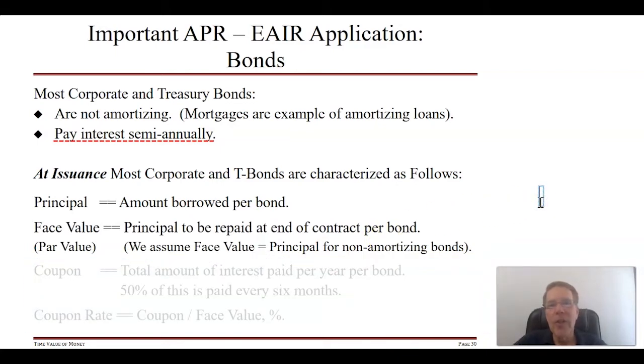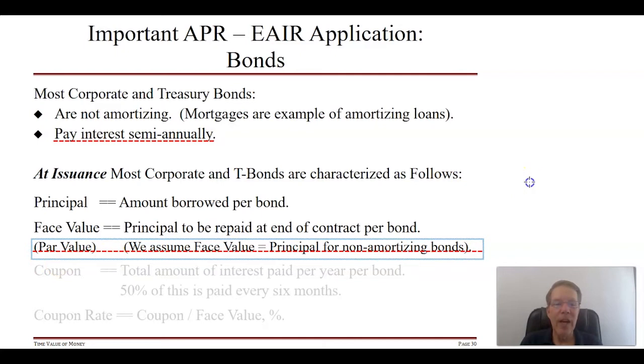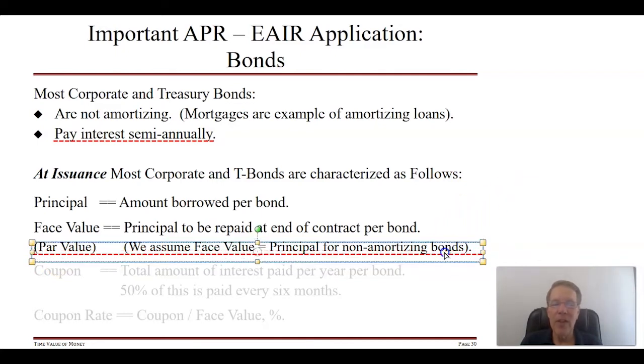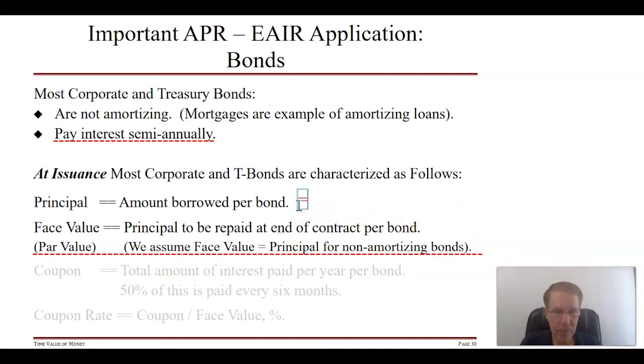Face value is the principal to be repaid at the end of the contract, and it's also sometimes called par value. And we're going to assume, which is true for non-amortizing bonds, that principal equals face value equals par value. Okay. So the amount originally borrowed is the amount to be paid back.